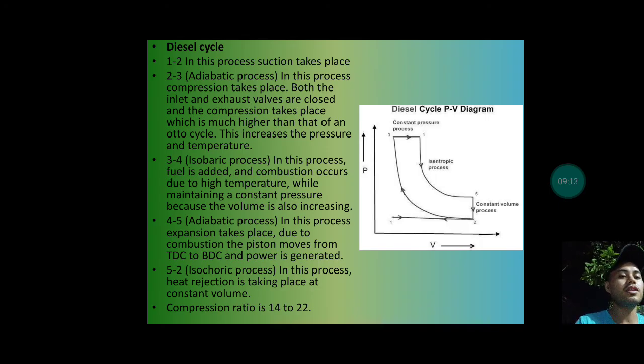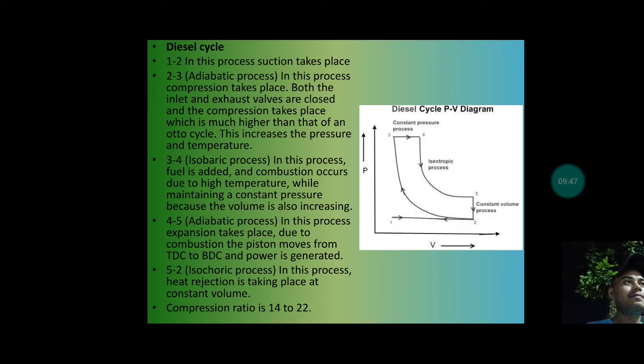After that, 2 to 3, as the piston goes up and the intake valve closes, the air is compressed, increasing its pressure while decreasing its volume, right? So that is the 2 to 3 slope.